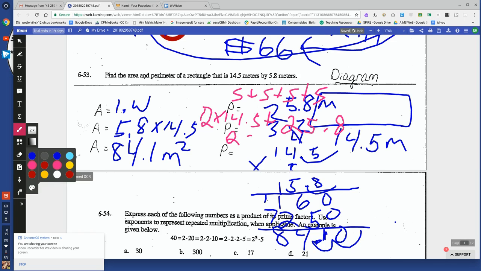So then I got 29 plus 5 plus 5 is 10. 0.8 plus 0.8 is 1.6. So I got 11.6. Add those two together, I should get 40.6 meters.